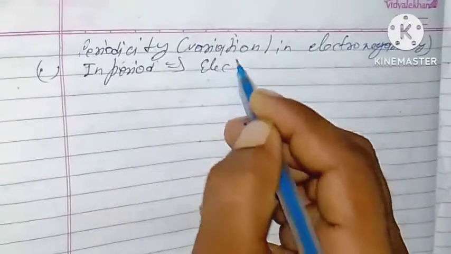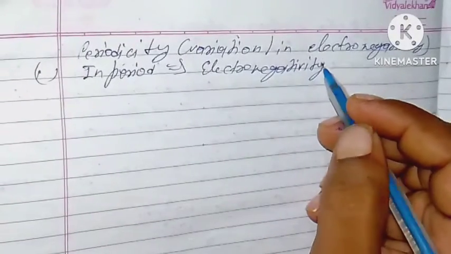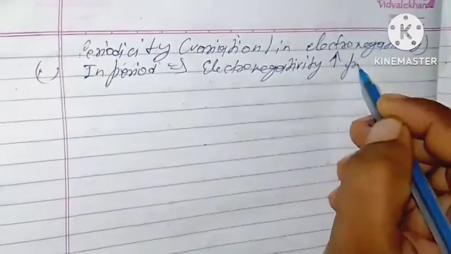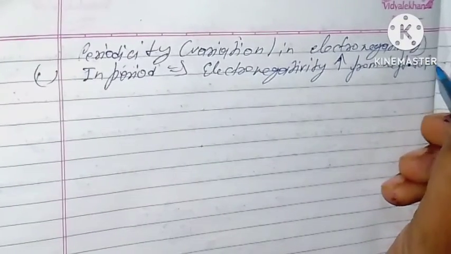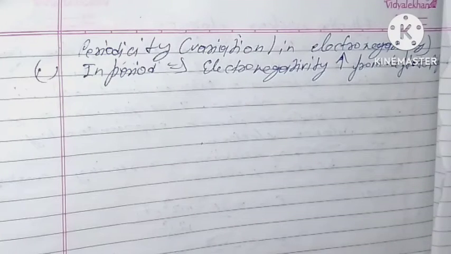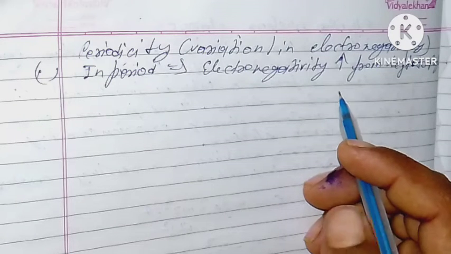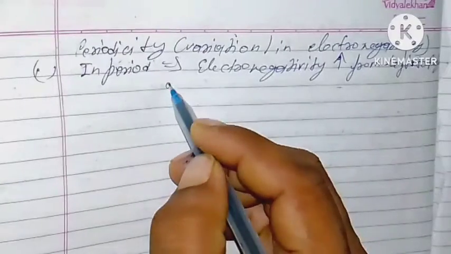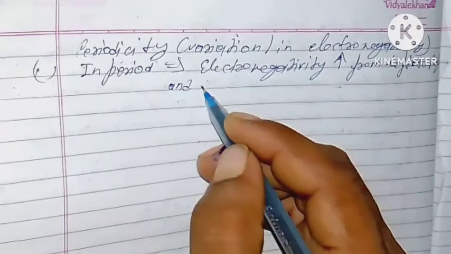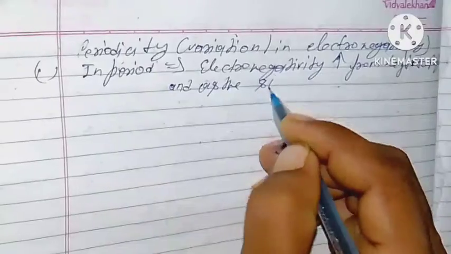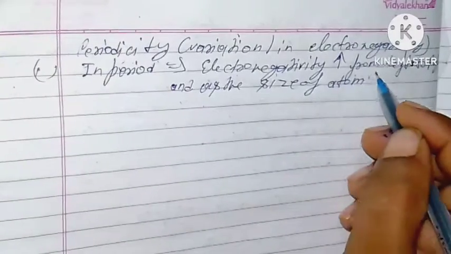This is because as the size of the atom decreases, electronegativity increases.